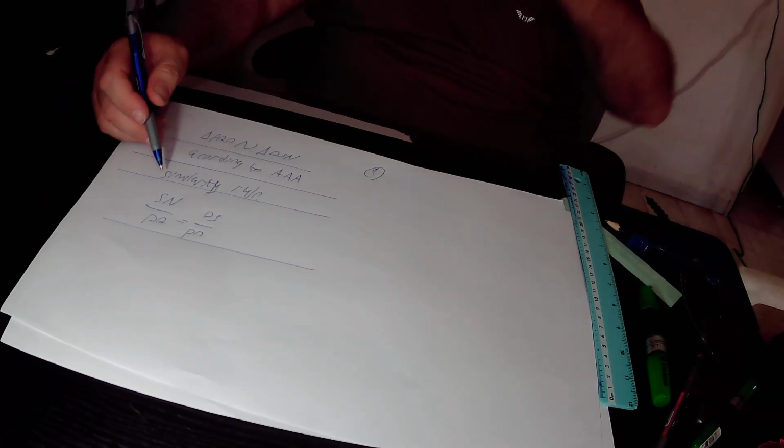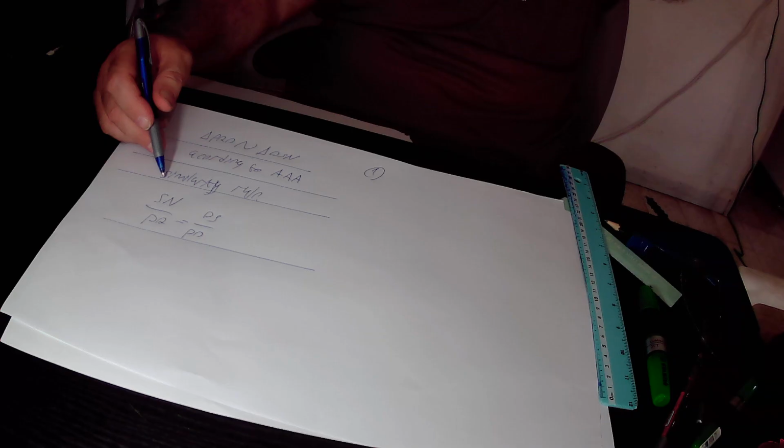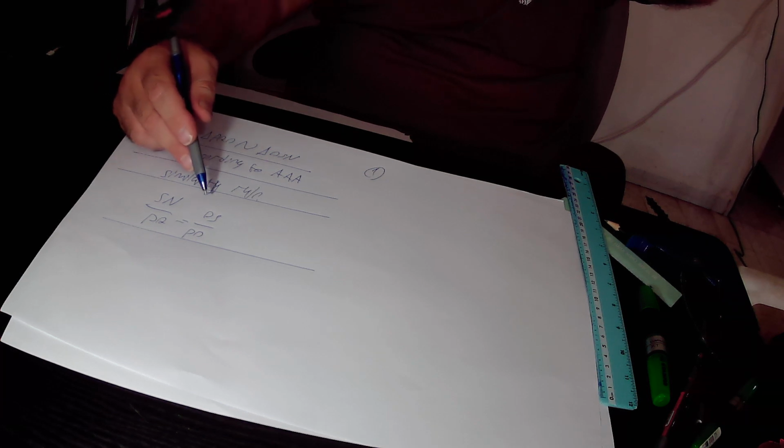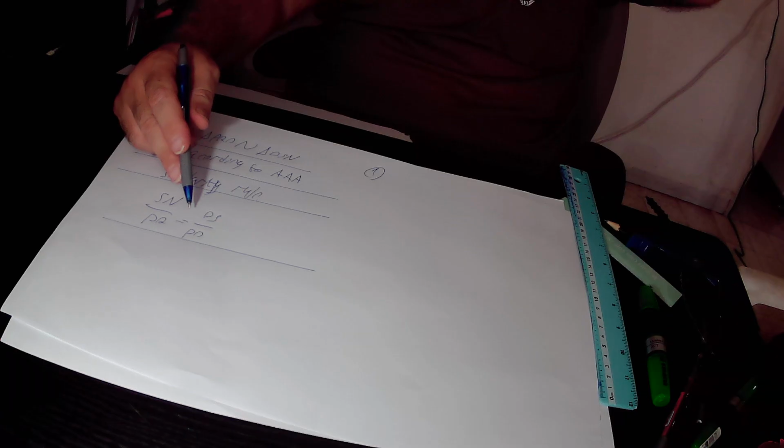We will derive that side SN of the lower right triangle OSN over side PQ of the upper right triangle PQO is equal to side OS of the lower right triangle OSN over side PO of the upper right triangle PQO.